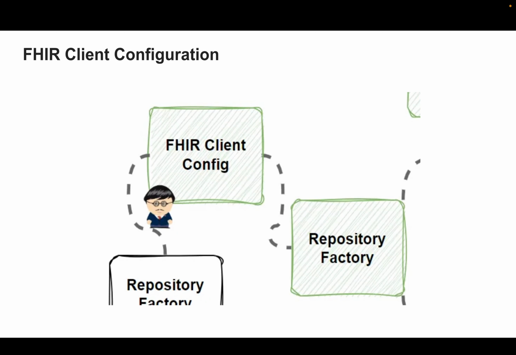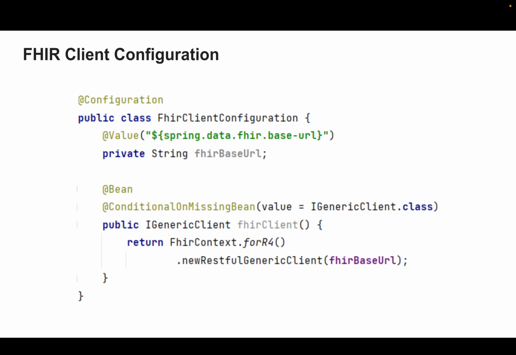The next step is the FHIR client default configuration. So this configuration will be used when someone attaches our Spring Starter and starts using our library. And here we specify a bean for the HTTP client. We are using the default builder from the FHIR library, which consumes only the URL of the FHIR server, and that's basically it.